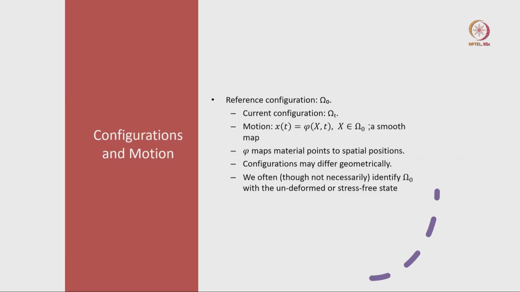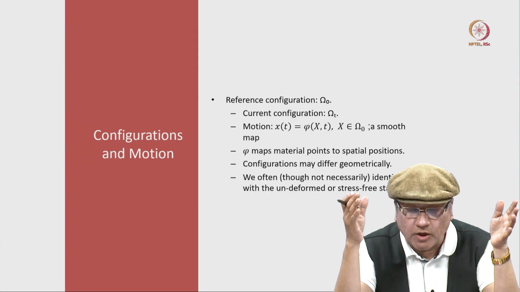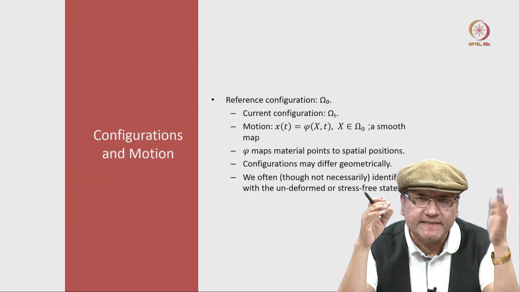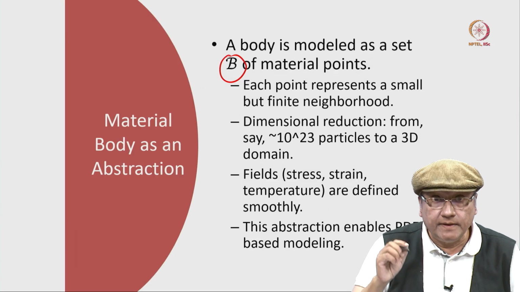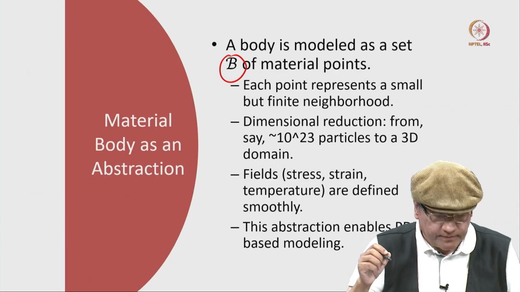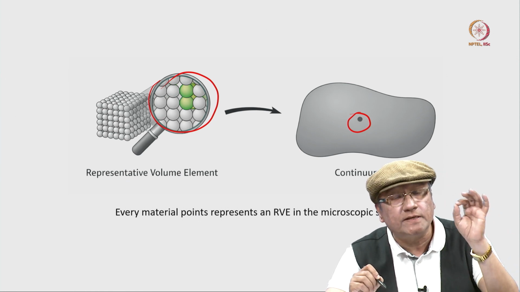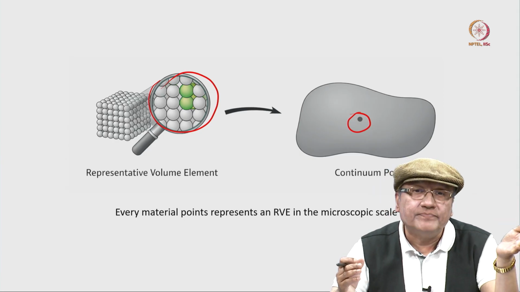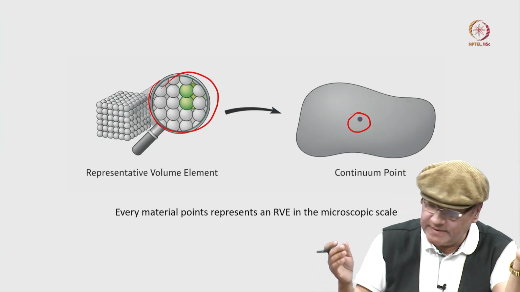Now, we are ready to talk about the configurations and motion as smooth descriptors of the deforming solid. So, basically when we talked of the material body here, right, the material body, this is the material point. I just talked of a set of points, I did not talk of their coordinates. So, a material body is just a set of points without a reference to what your coordinate system is, right.